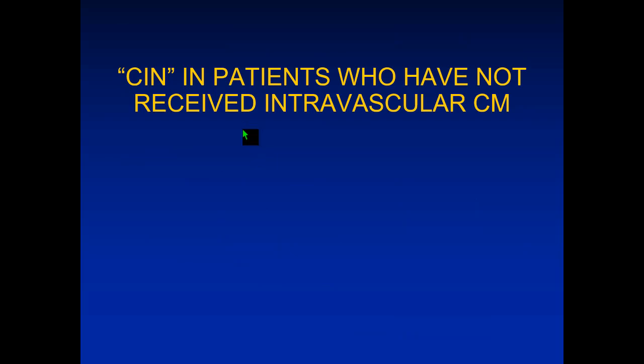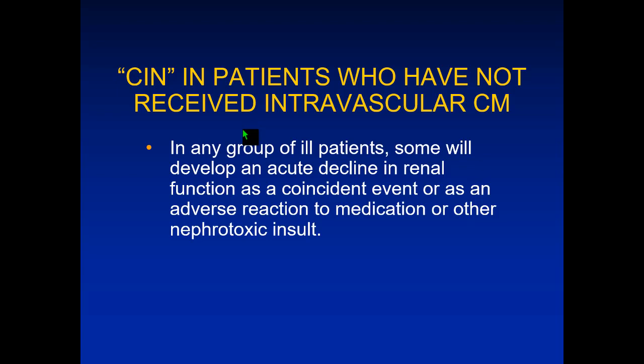So what does this all mean? Well, I think that what we can glean from these studies is that in any group of ill patients, some of them will develop acute decline in renal function from something. And it doesn't have to be the administration of intravenous contrast.